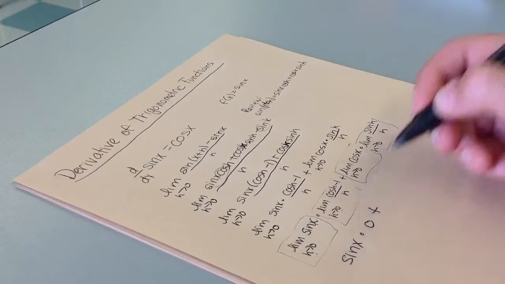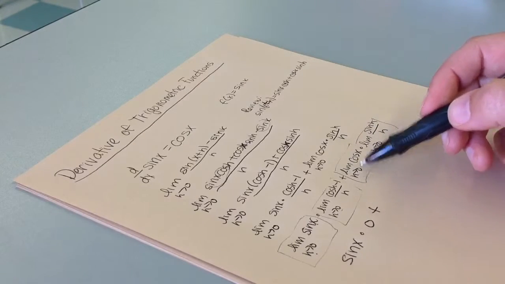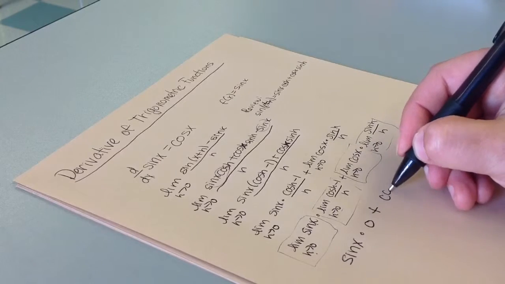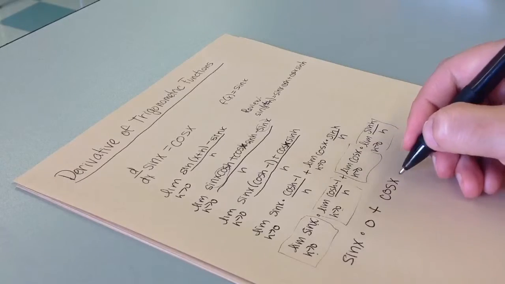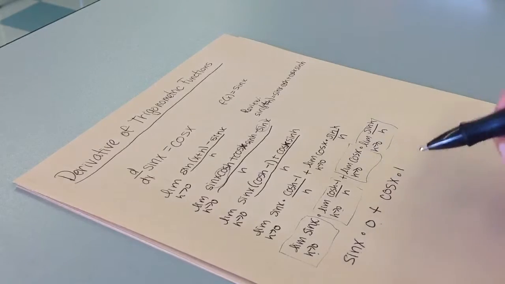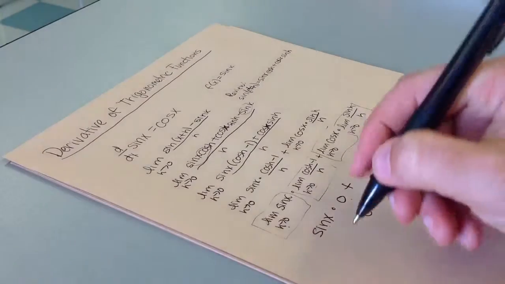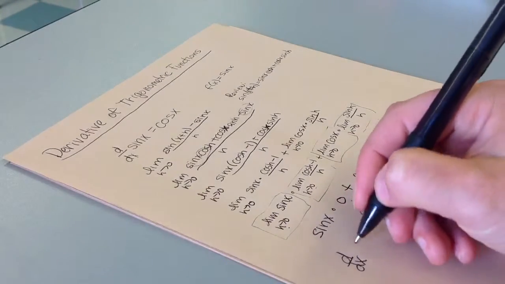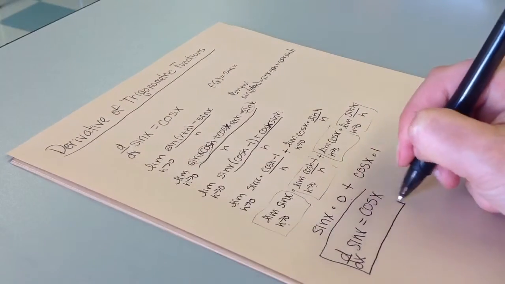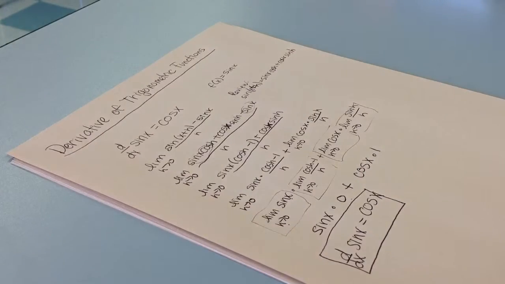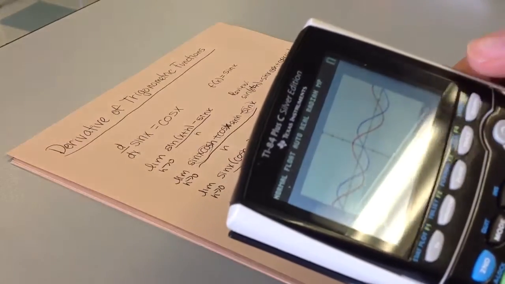For the third, you can't substitute h in, so it's just going to be cosine of x. And for the last, if you graph it, you're going to get 1. So sine of 0 is 0, and you're just left with cosine of x. So I've just proven that the derivative of the sine of x is equal to the cosine. And that matches with our graph, where the derivative of the sine was the cosine.